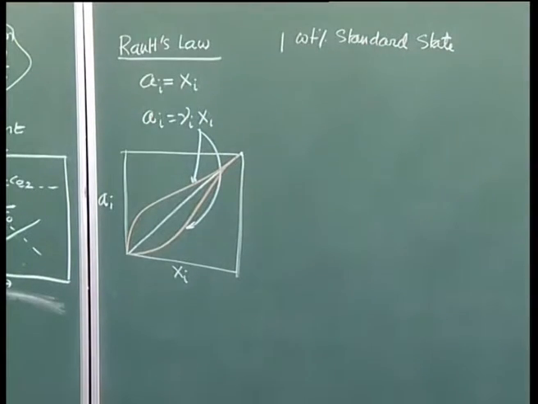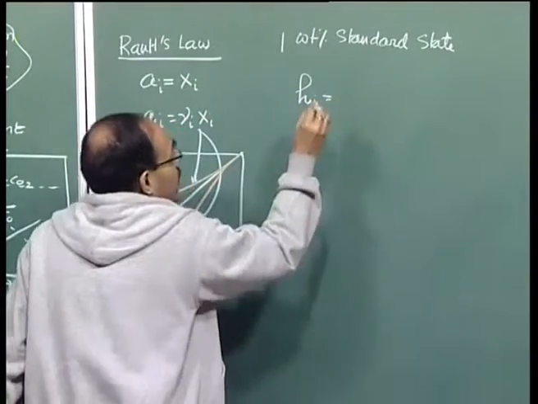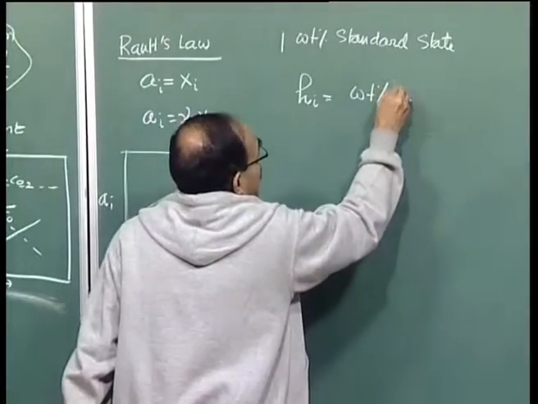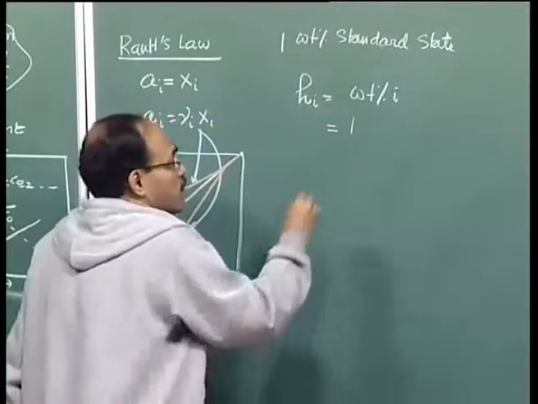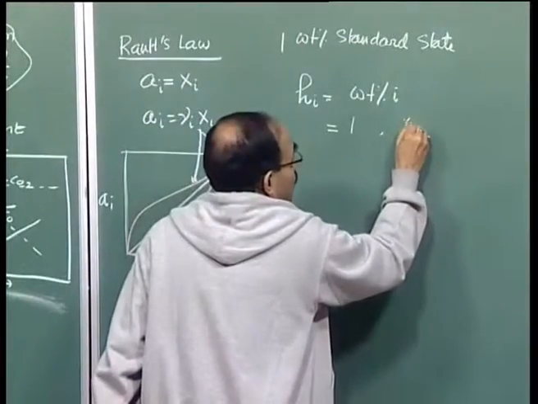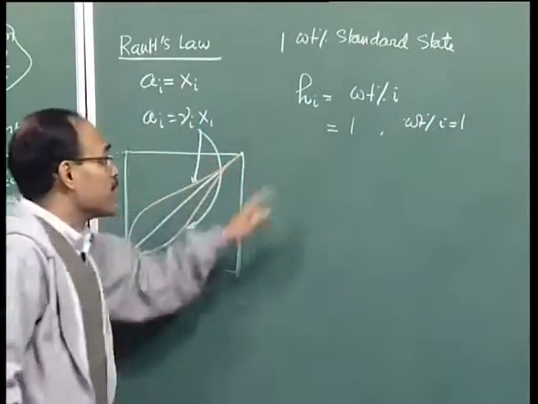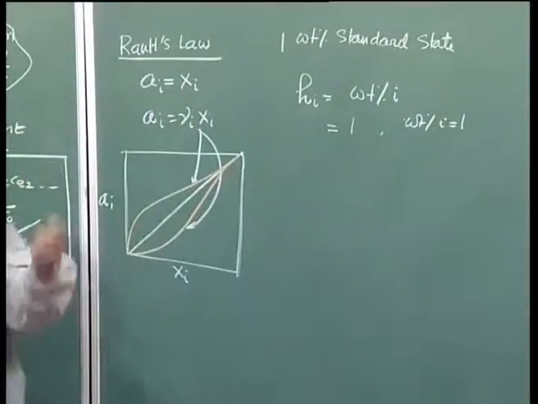There we say that the activity of a species I is approximately equal to the weight percentage of I, and therefore the activity becomes equal to unity when the weight percentage of I is equal to 1. So this is the Henrian activity on the 1 weight percentage scale.